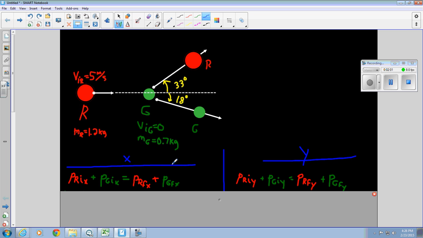So we've set these up for x and y components. So for the initial momentum of the red ball in the x direction plus the initial momentum of the green ball in the x direction has to equal the finals in the x direction. And the same thing would go for our y components. Added up on the left, the initials have to equal the finals.